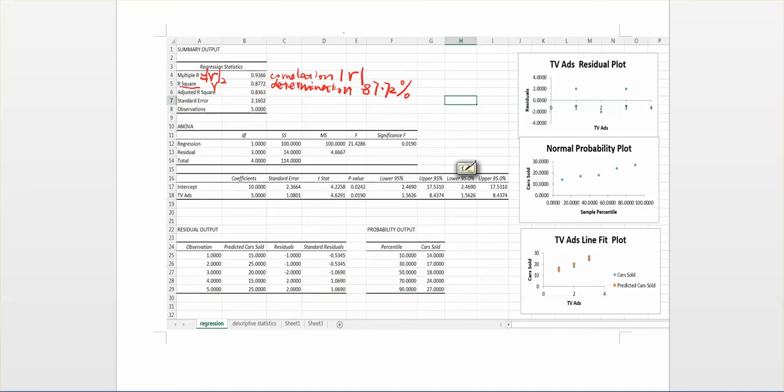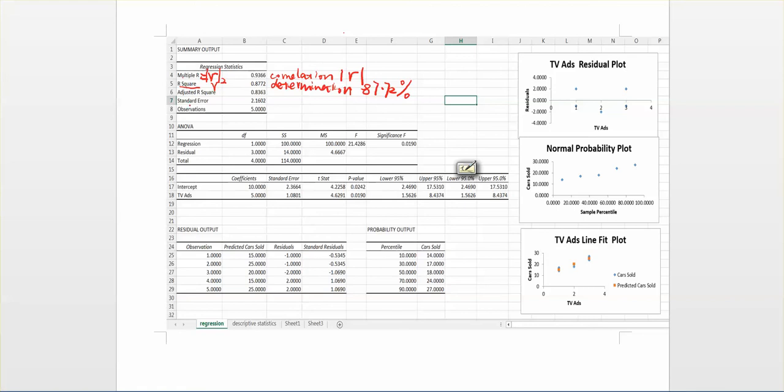So for this example, 87.72% of the variation in the number of cars sold is explained by our regression model. So these are the two statistics you need to pay attention to in the first table.